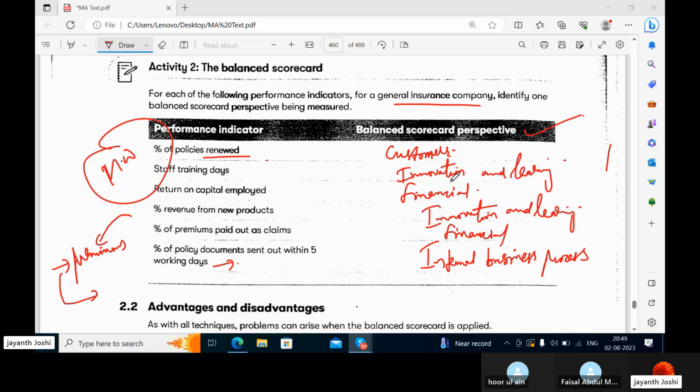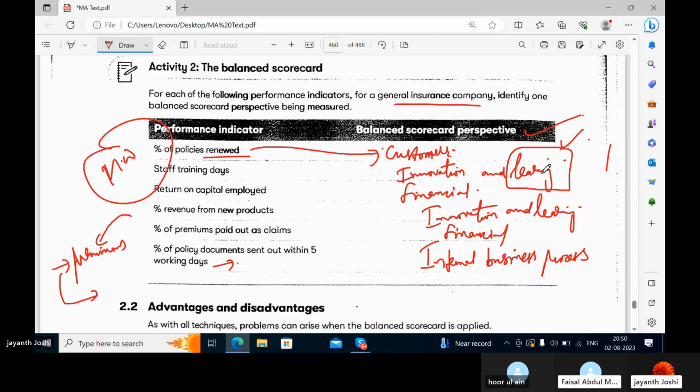So this is what you are seeing here. Percentage of policies renewed is with respect to customers. Staff training days. Staff would be given a lot of training under what perspective? Learning perspective. If you want some returns out of your investment, financial.